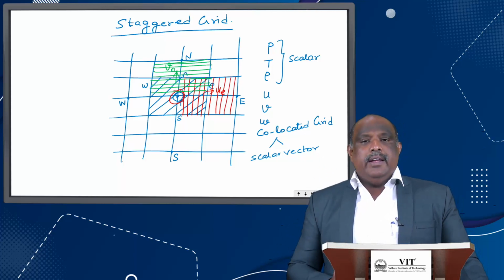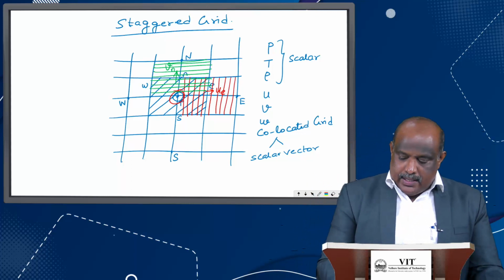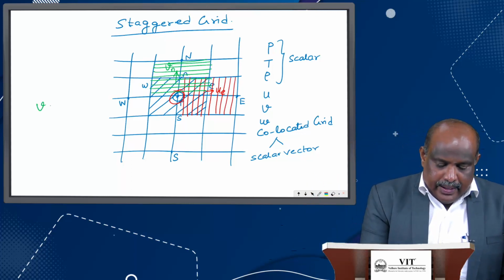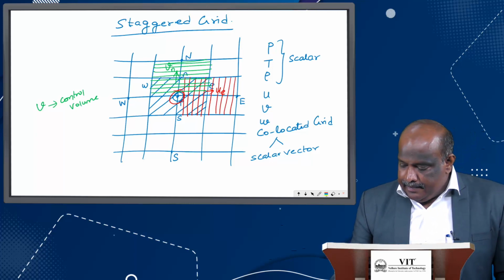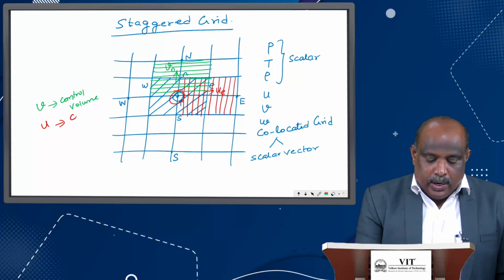So now how many control volumes do we have? There are 3 control volumes. The first one, or rather the last one, is the V control volume. Then whatever I am showing in red color is my U control volume.